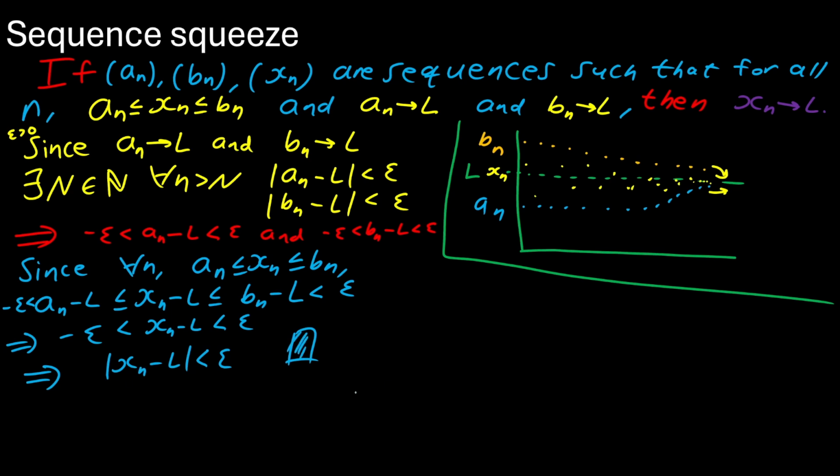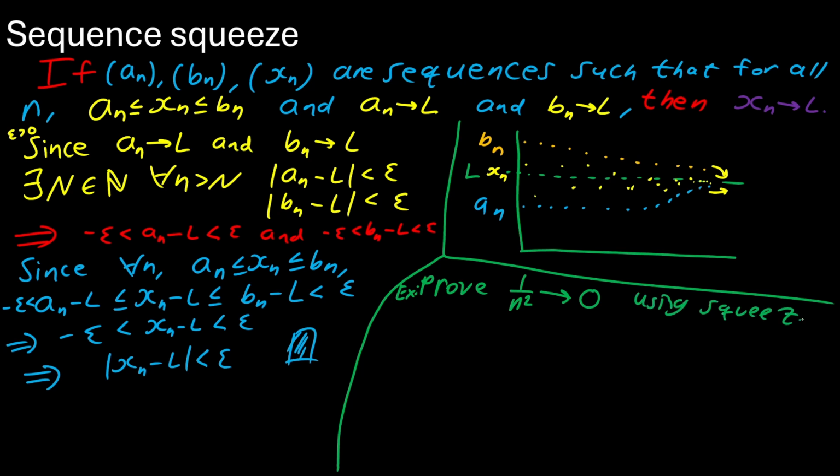You can maybe have an example of how to use this. Here's an exercise or an example using this. Prove that 1 over n squared goes to 0 using the sequence squeeze.